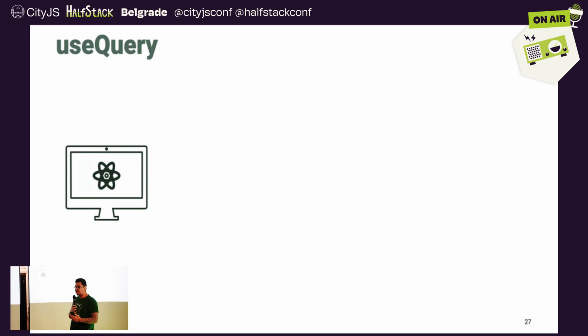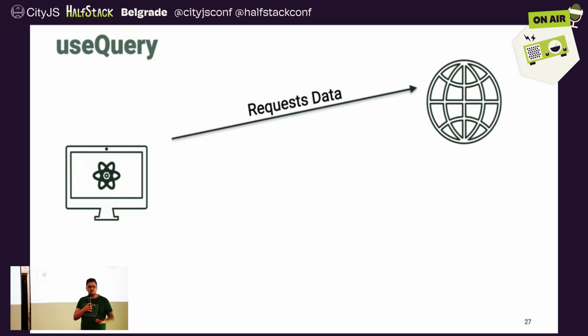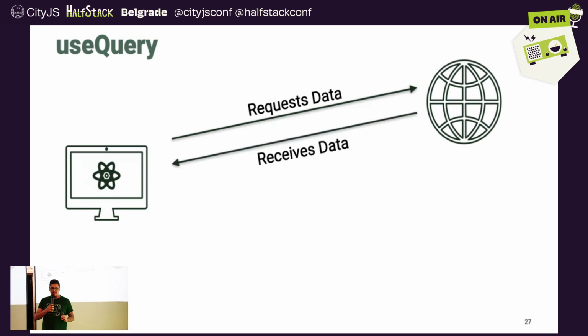When this component renders, assuming default behavior, that hook will be responsible for fetching a data request. So our component renders, and we need our data. We have the internet, and our hook will be responsible for calling a request to get the data from a data source and getting it back. This part is associated with the query function. The query function is responsible for fetching and receiving your data.